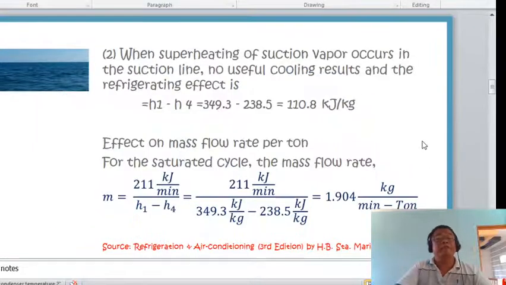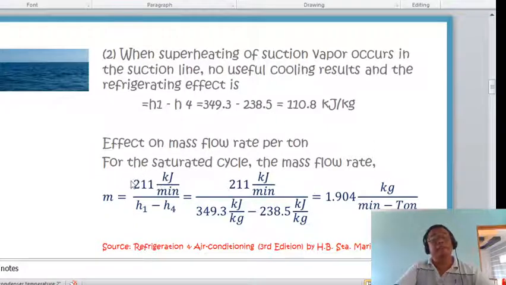Next, when superheating of suction vapor occurs in the suction line, no useful cooling results, and the refrigerating effect is 110.8 kilojoules per kilogram. Effect on mass flow rate per ton. Same process, class: 211 kilojoules per minute.